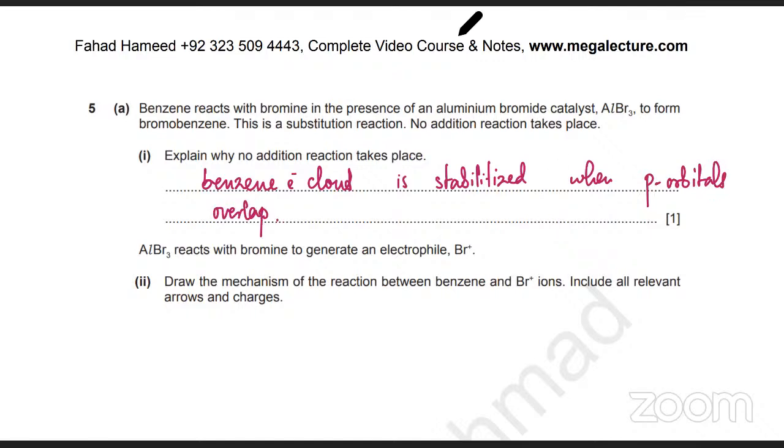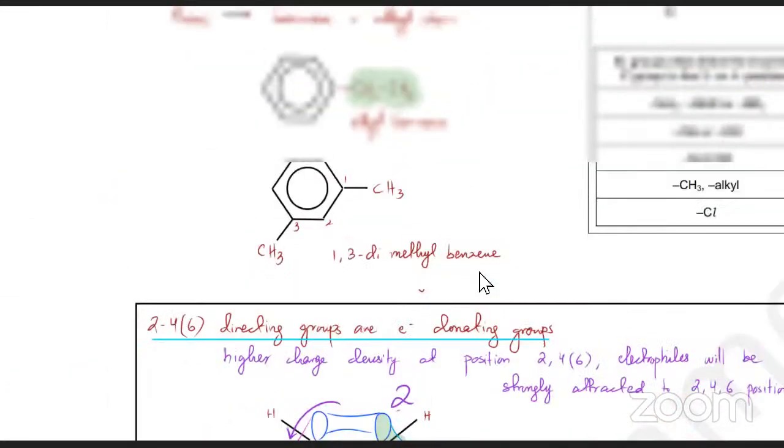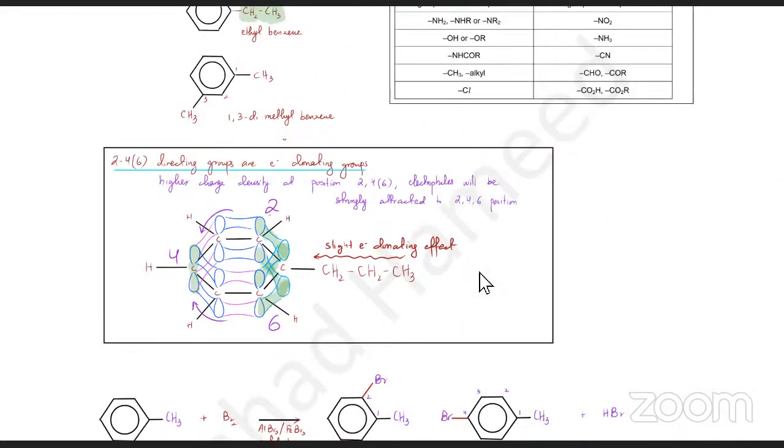The explanation for this is, why is no addition reaction going to take place over here in benzene? The answer is that the p orbitals are very distributed. When you have a benzene structure, the p orbitals are very distributed and they have a very low charge density, which basically means that they're not going to be very reactive.